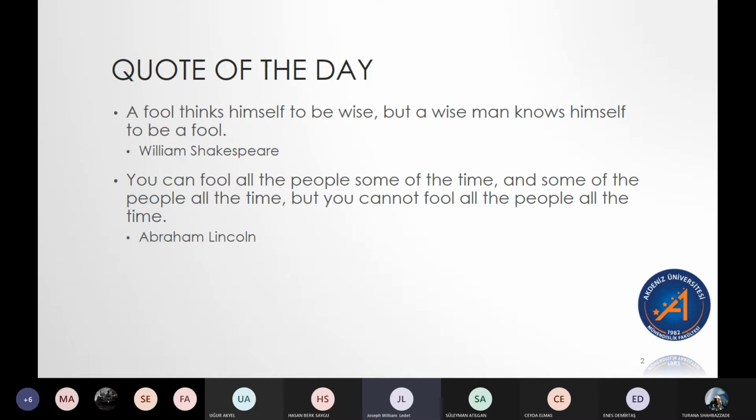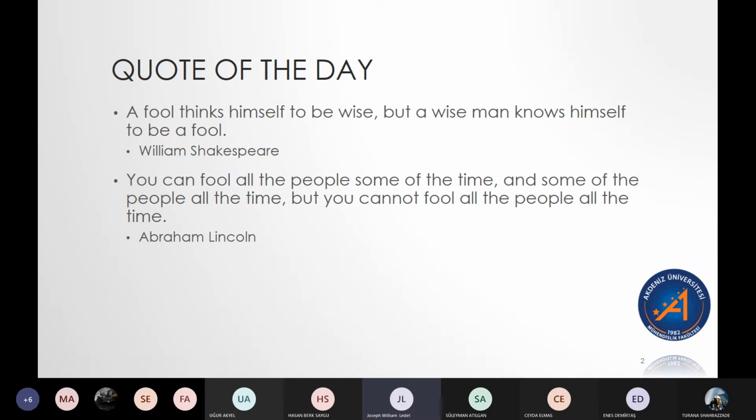And then Lincoln tells me, you can fool all of the people some of the time and some of the people all of the time, but you cannot fool all of the people all of the time. So this is more about politics and how to convince people of things. All right, so just some fun quotes there.